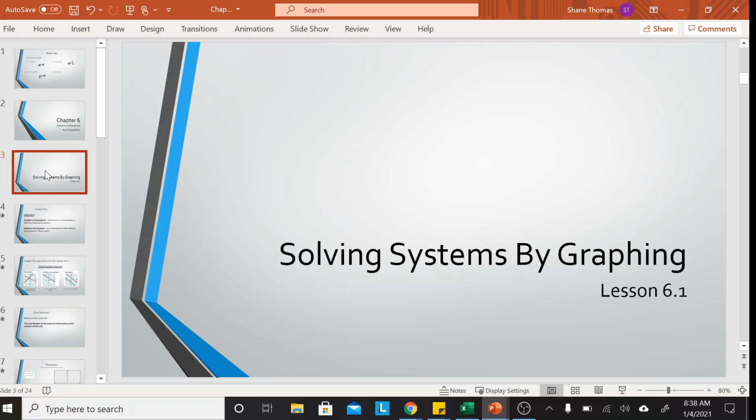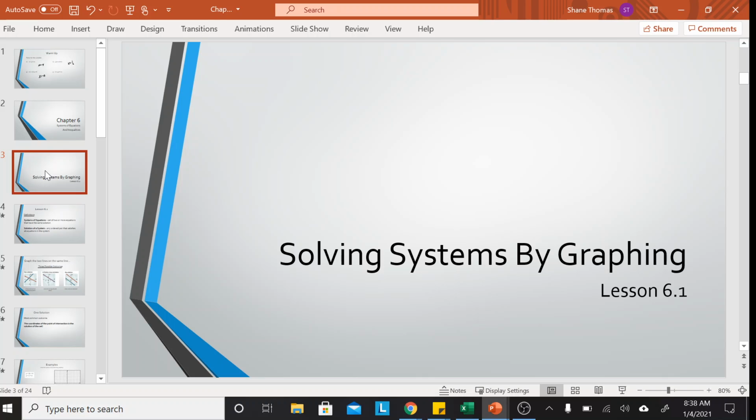At the beginning, I'll say solve this problem by graphing. The next one might say solve by substitution, next one solve by elimination. Then I'm going to give you a choice on some problems, and some tricks along the way to know which method is the easiest for that particular problem.